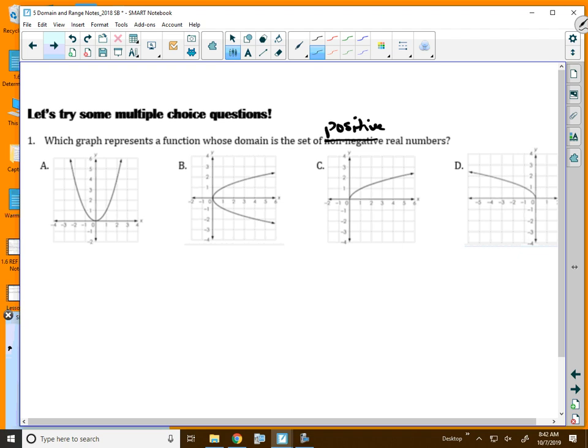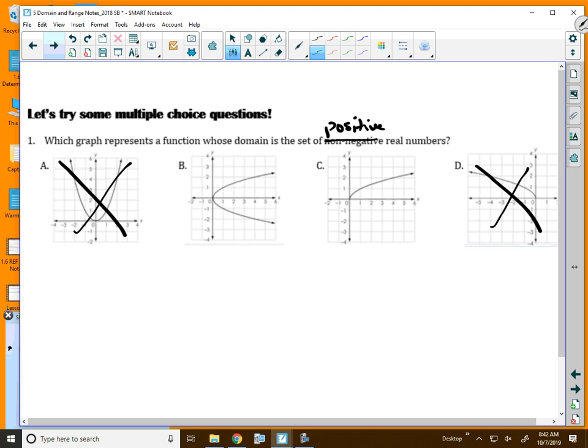Domain is a set of positive real numbers, so you want all of which values to be positive? X. Are all x values positive here? No. What about here? No, we're on the positive side and the negative side. So you're just looking at the positive side of the x-axis. Now we've narrowed it down.